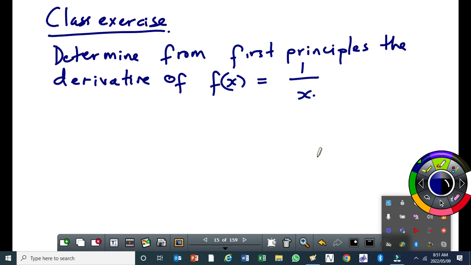All you have to do is write f of x plus h is equal to, where there is x here, put x plus h. Then substitute this here, and then put that 1 over x here. Don't try to introduce exponents. Please, listen, just to emphasize, don't introduce exponents. Otherwise, you won't be able to find that derivative.